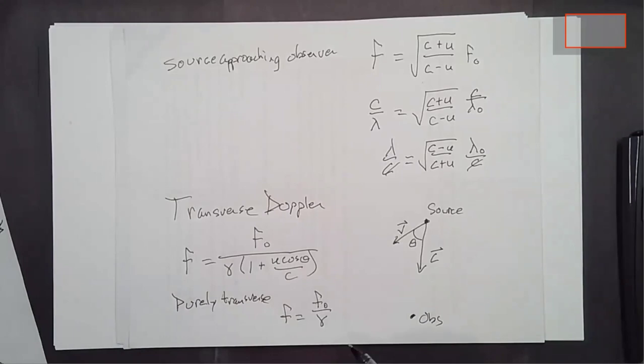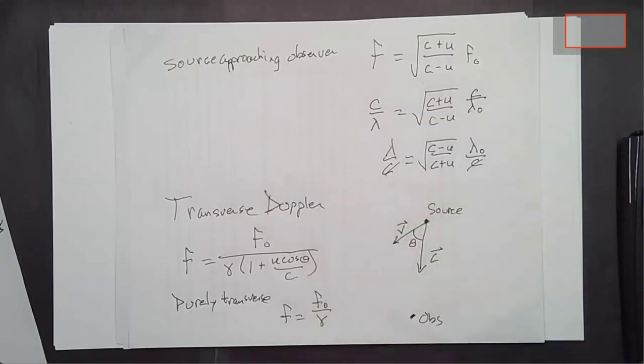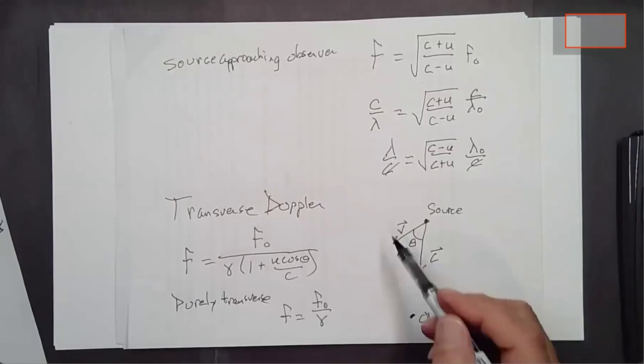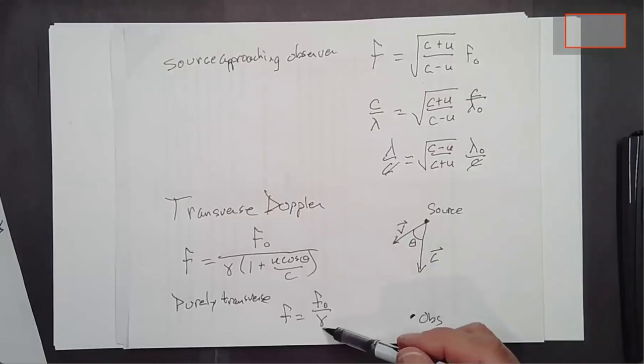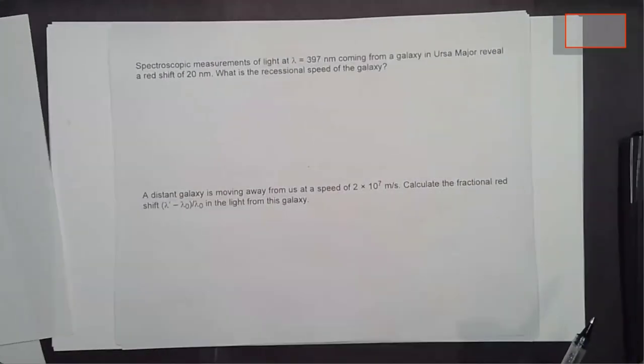It's a purely time dilation thing that's going on. Because that source is moving with respect to the observer, that moving clock runs slow, and so you divide by gamma. So anyway, let's see what we can do with some of these things.